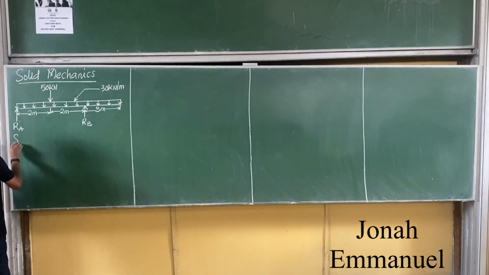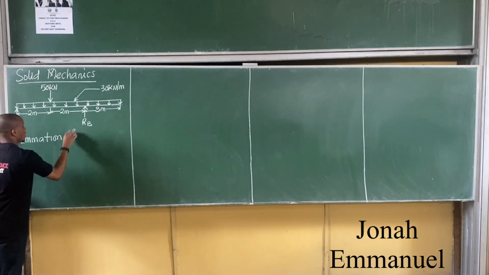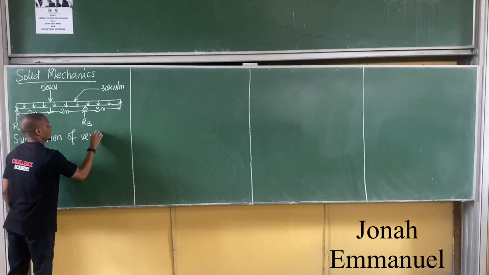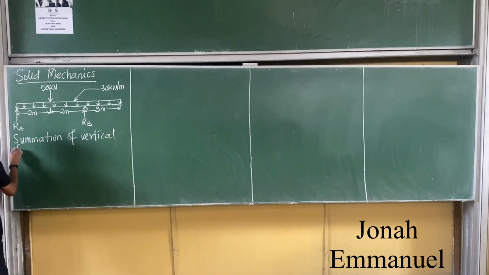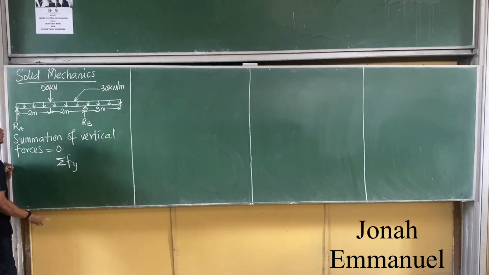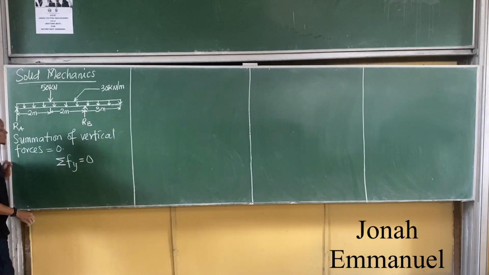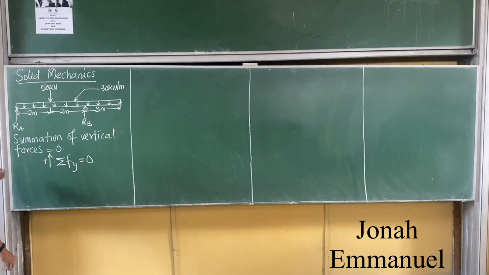Our first concept is we'll take the summation of vertical forces equal to 0. So we're saying sigma Fy, force in the y direction, that's vertical force, is equal to 0. If you're going upwards, take it as positive. So RA is going upwards, becomes positive.